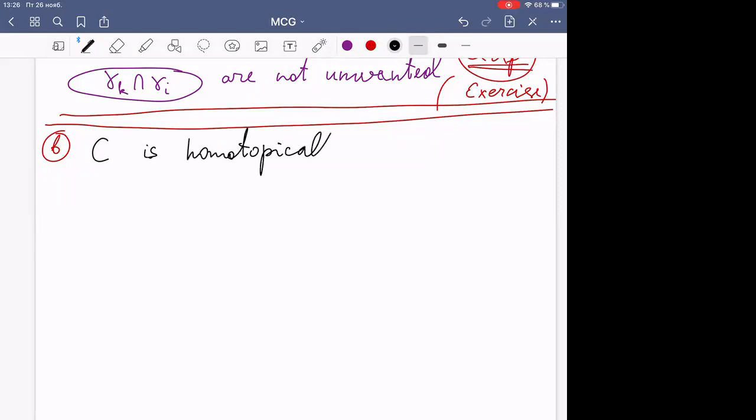And again, these two cases cannot mix, so it is homotopically trivial both in AI and in AJ.